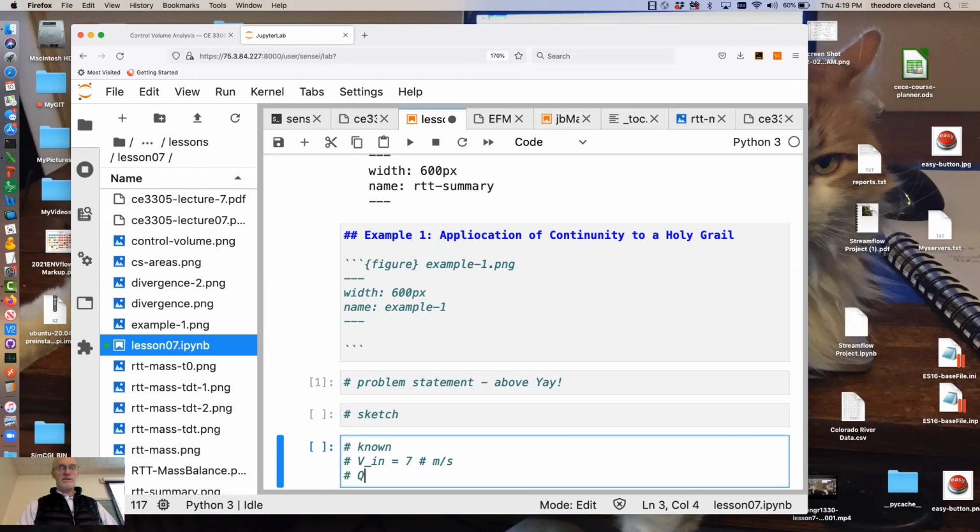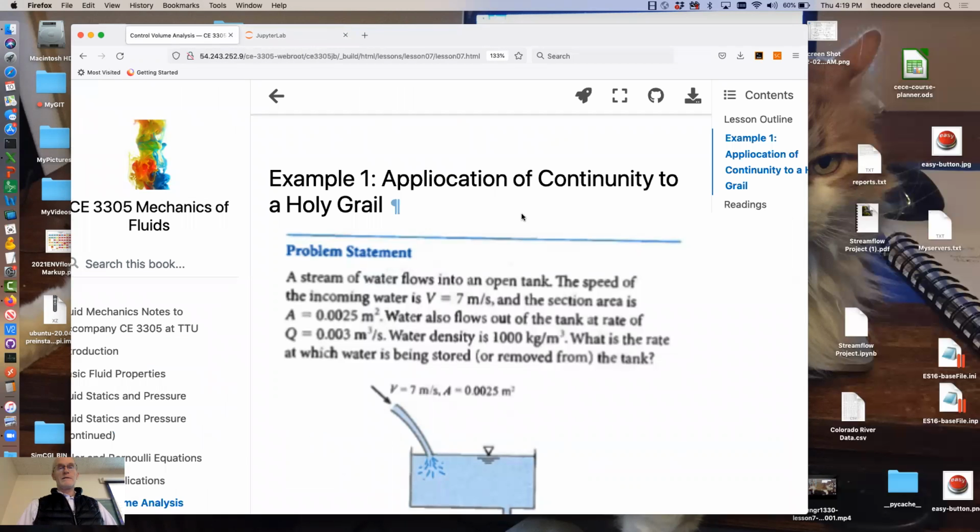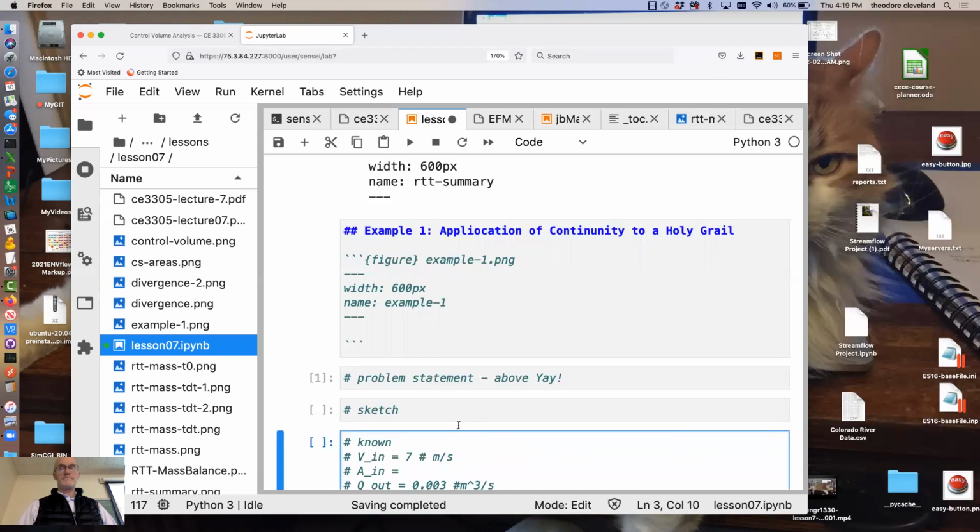We know Q out, is it 0.0033? We also know the area in, 0.0025. We know the water density.